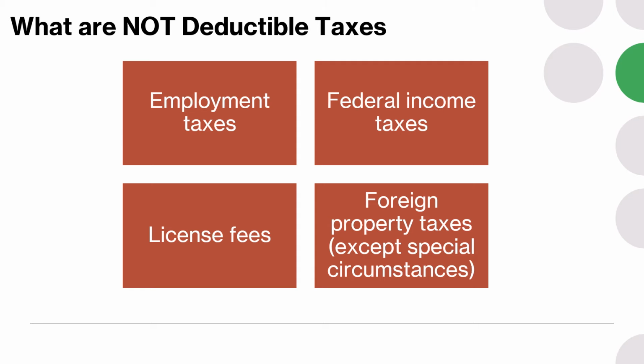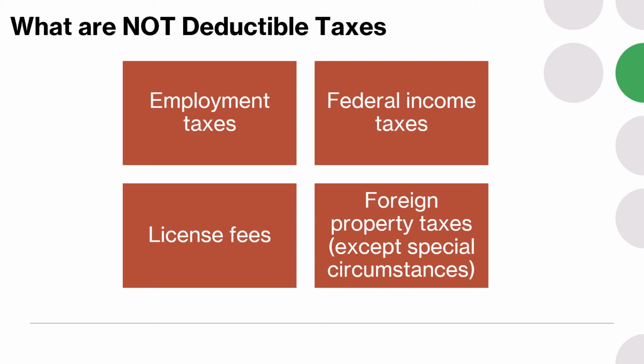The self-employed person's deduction gets taken as an adjustment. It's a before the line, before AGI adjustment. And then federal income taxes are not deductible. License fees, so things like your driver's license, aren't considered taxes.